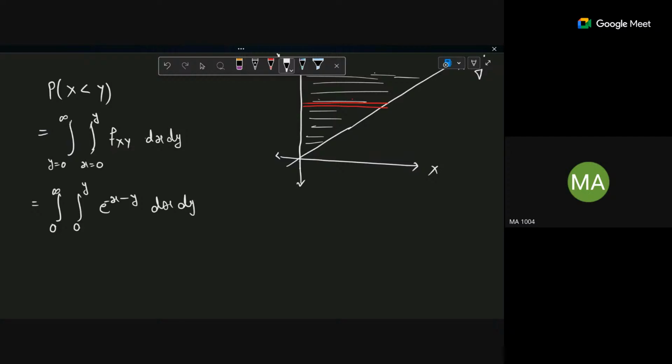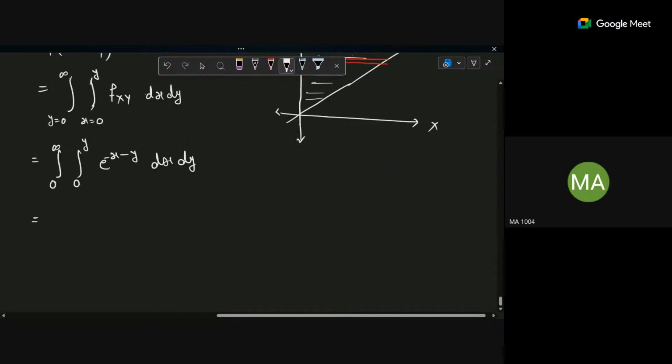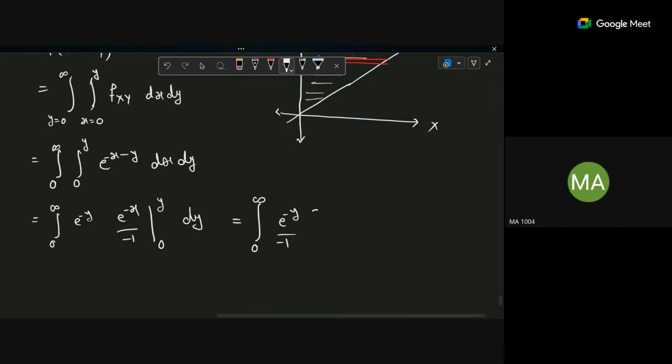dx dy. First with respect to x, so e to the power minus y is constant. Integral 0 to infinity of e power minus y times (e power minus x divided by minus 1) from 0 to y, dy. Taking minus 1 out, it will be e power minus y minus e power 0, that is 1, dy.